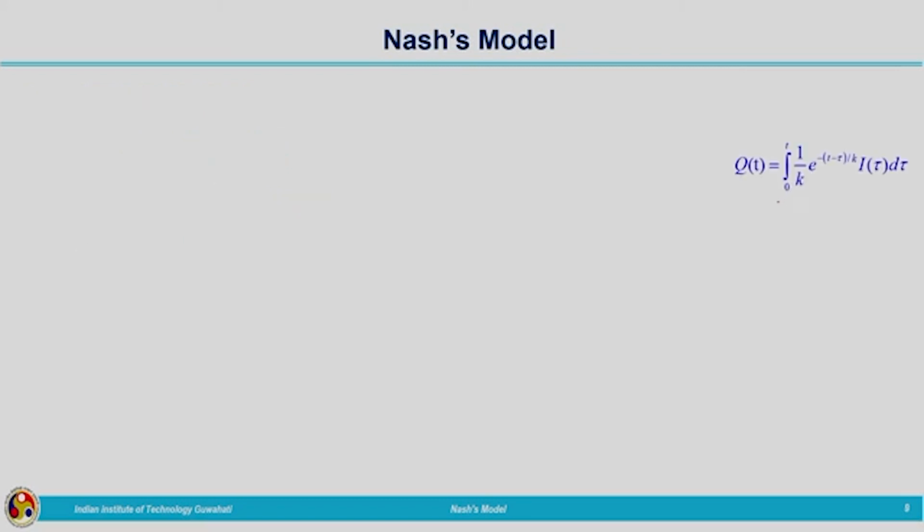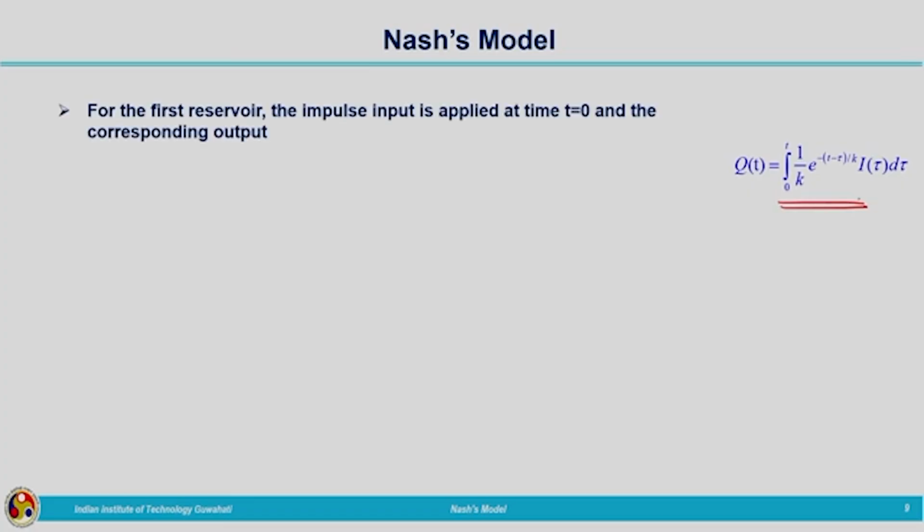This is our output expression, and we can write for the first reservoir, the impulse input is applied at time t is equal to 0, and the corresponding output will be the input to the second reservoir. So in terms of tau itself, we are writing q1, that is we are not making use of the terminology u here.